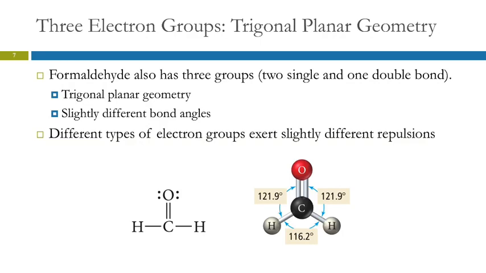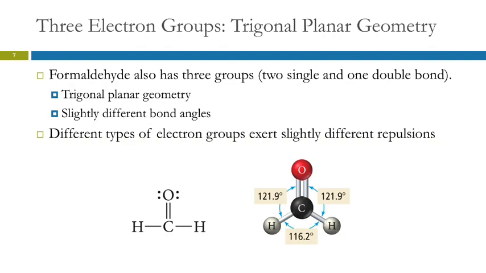Formaldehyde also has 3 groups. Here's its Lewis structure. There's carbon, single bonds to the hydrogen, double bond to the oxygen. Still 3 groups, though, because a double bond is one group. So 3 groups, trigonal planar, they're going to spread out. The angles here are going to be slightly different, though, because the double bond is a little more repulsive.